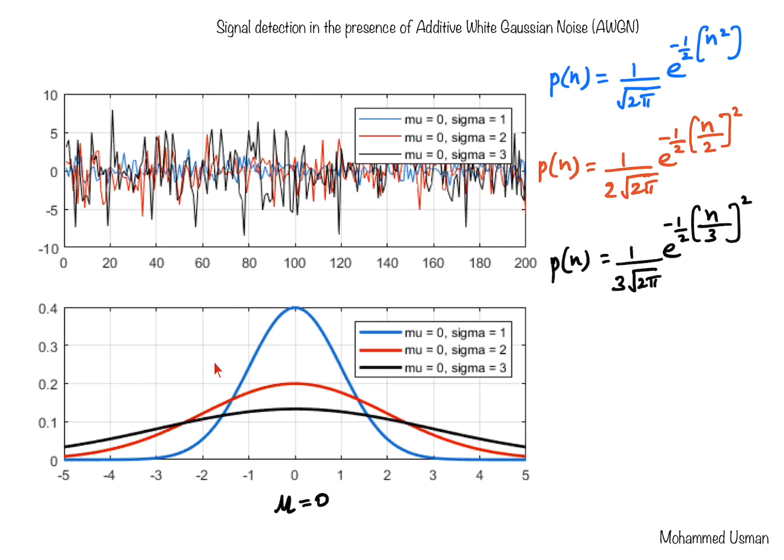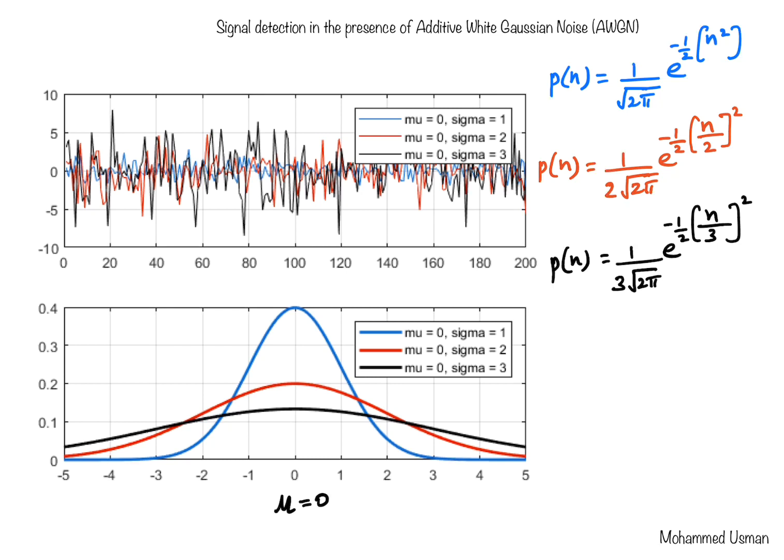Similarly, for minus 1 volt, it's also around 0.25, and so on. So depending on the mean and standard deviation of the Gaussian distribution, we can know the probability that the noise is going to have a certain amplitude or voltage level.